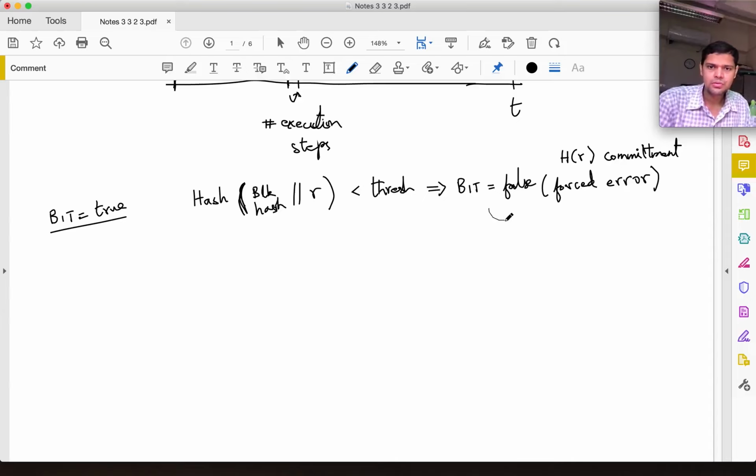Let's say that the solver has to point to SF. And of course, if it is greater than or equal to the threshold, then we say that the bit is true.